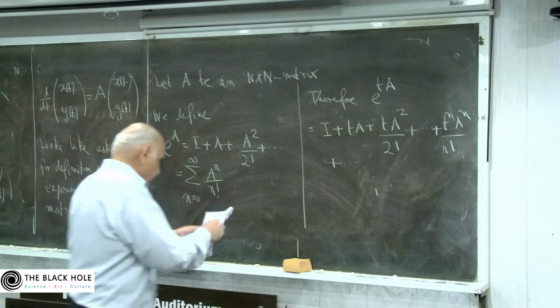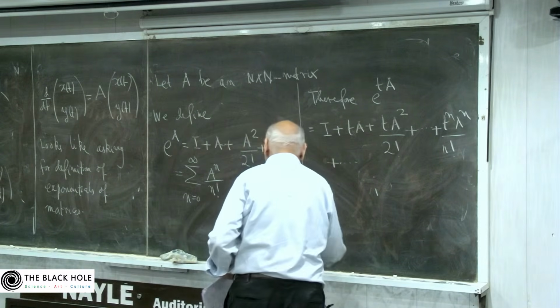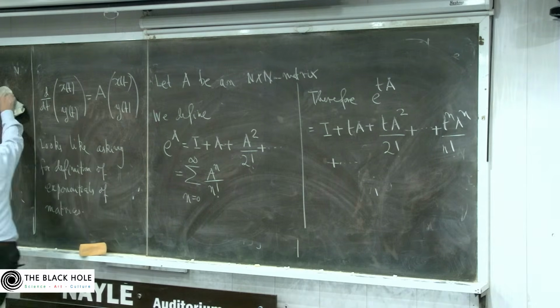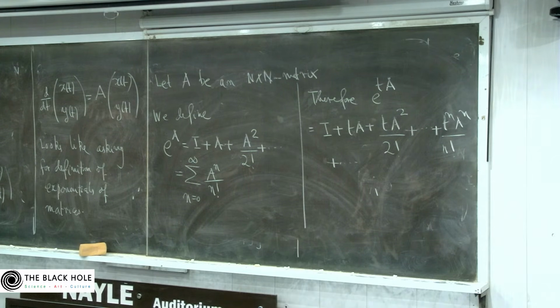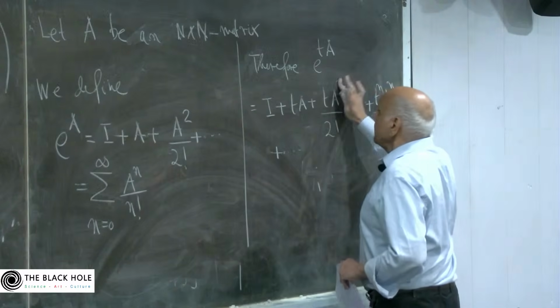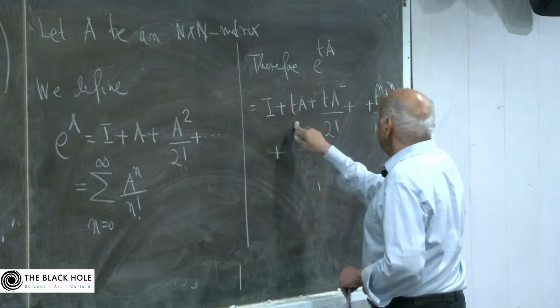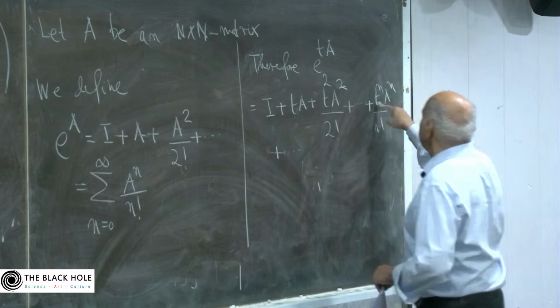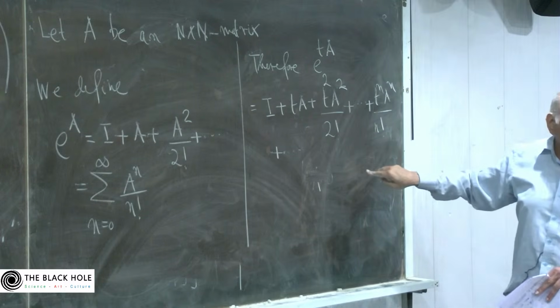Okay. So let me give you an example. One identity plus TA plus T square A square over 2 factorial plus T to the n A to the n over n factorial and so on.